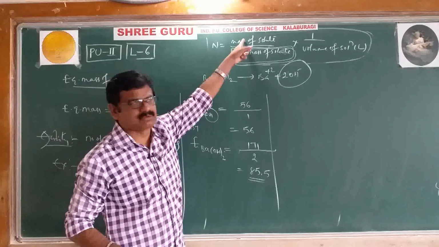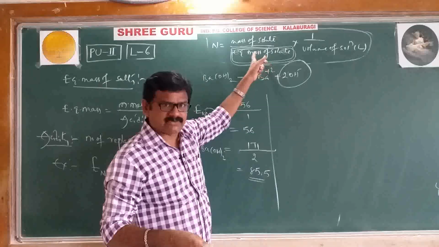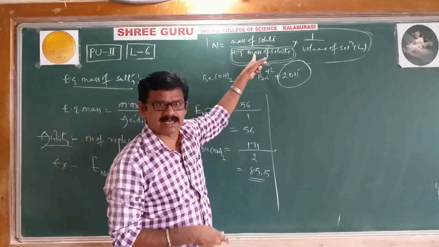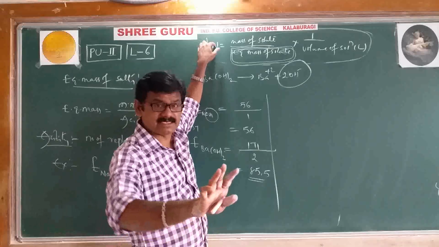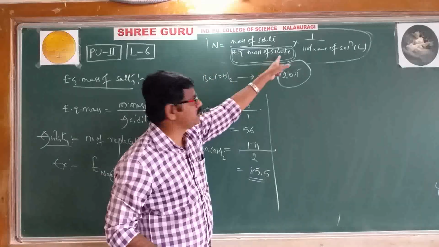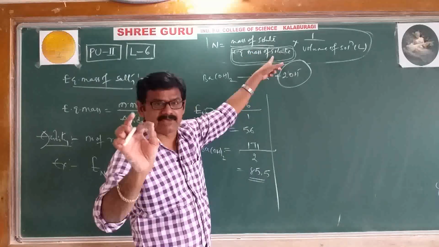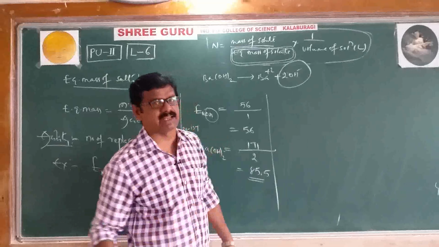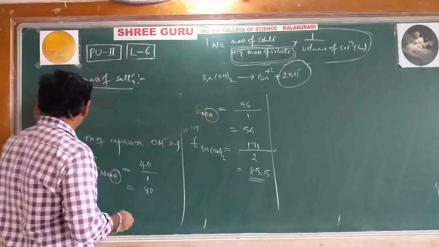The mass he will give, the volume he will give. The problem is with the equivalent mass. Equivalent mass is our job, we have to calculate it. Without equivalent mass, normality is not obtained. That's why we are learning how to calculate equivalent mass. That only I am explaining now. Okay, right. Now equivalent mass of salts.